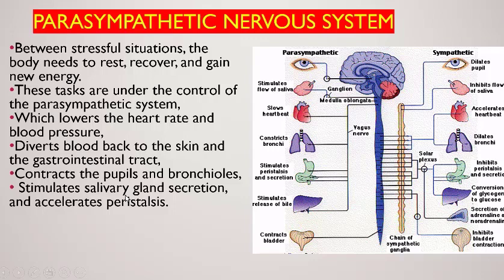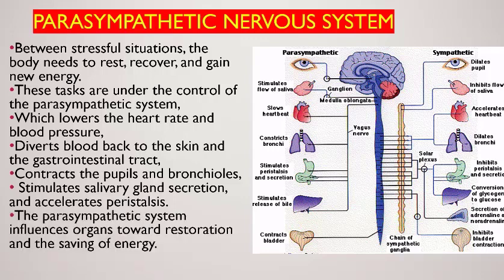The digestive system is started, and in the restful condition salivation, gastric secretion, and peristaltic movements are re-established or increased. The parasympathetic system influences organs towards restoration and the saving of energy.